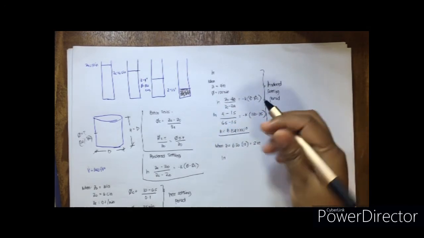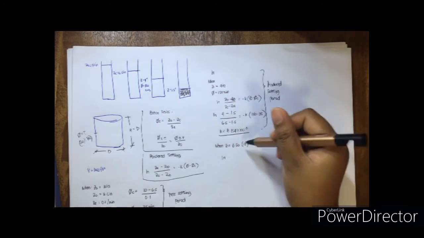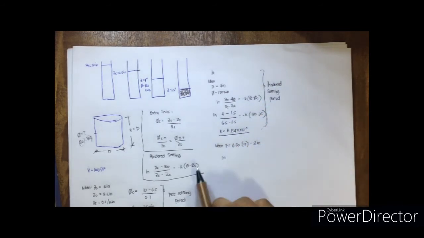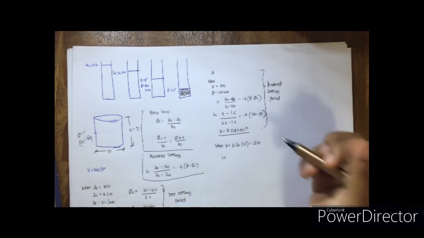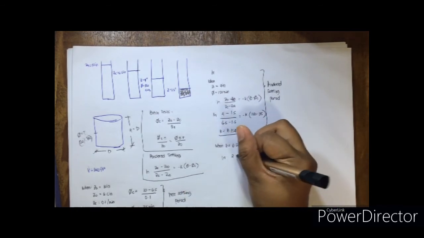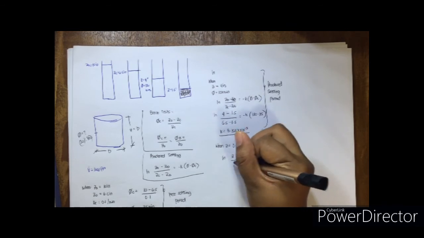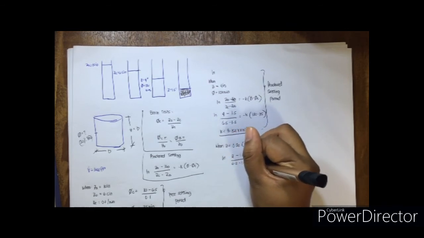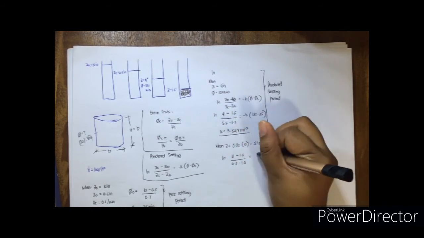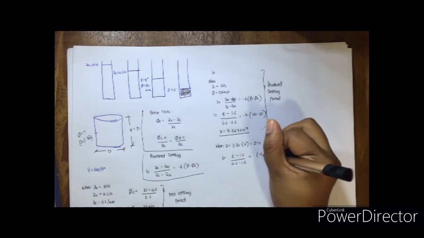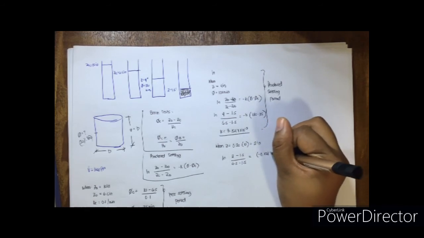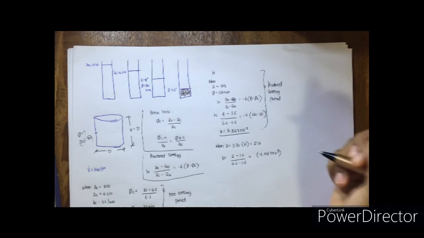So let's input the values using the hindered settling formula. Z now will be 2 minus 1.5 over 6.5 minus 1.5 equals to negative 8.51547 times 10 to the negative 3.